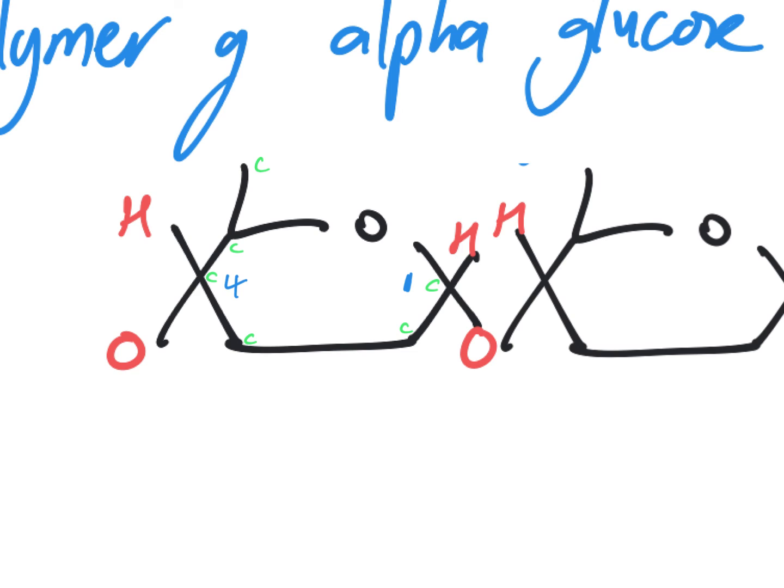So the carbon 1 of one monosaccharide is binding to the carbon 4 of another monosaccharide. So this bond here, to give it its more accurate name, is a 1,4 glycosidic bond.